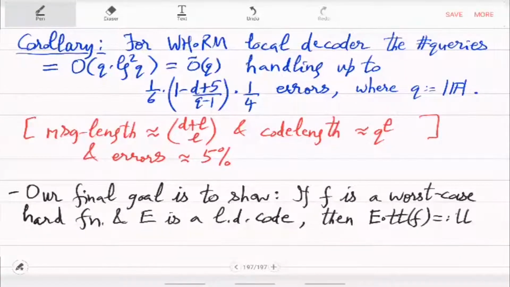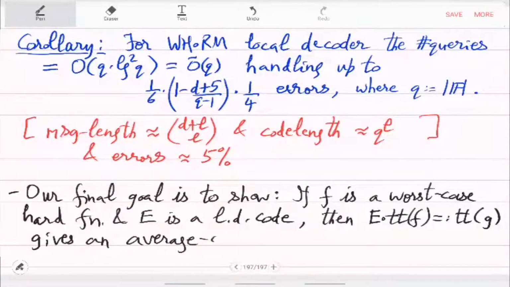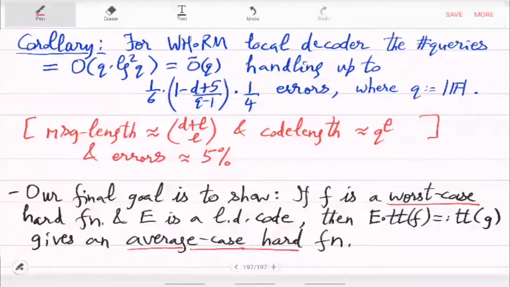The truth table of f prime should give an average case hard function. Okay, that is what we want to show.